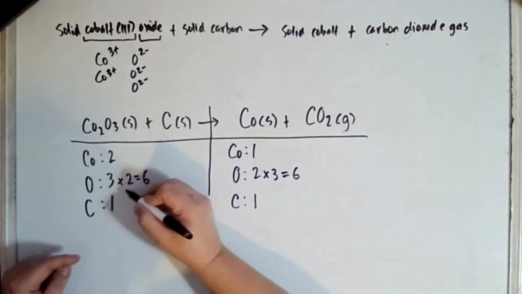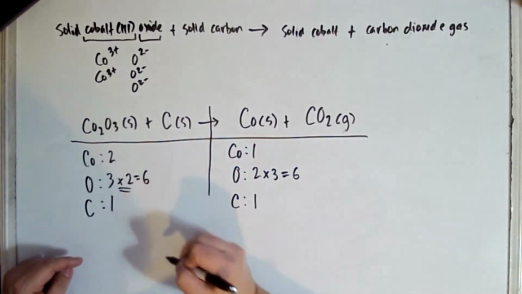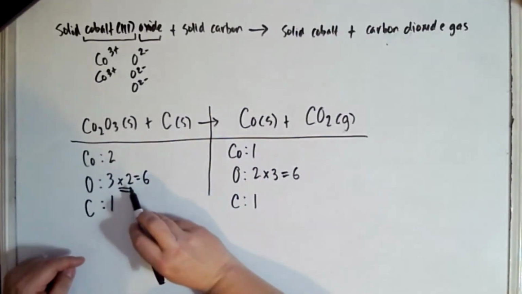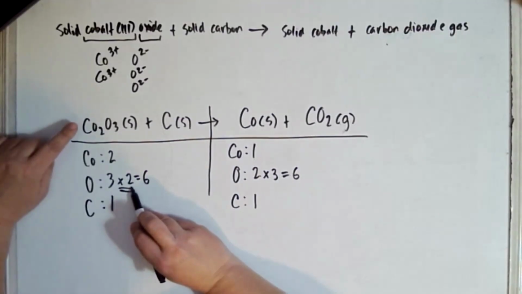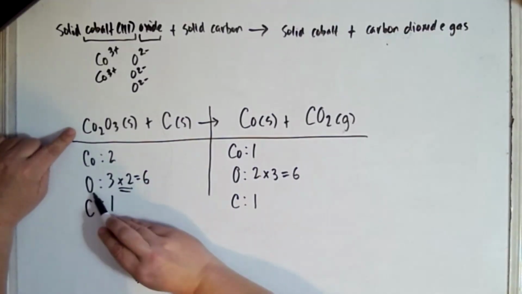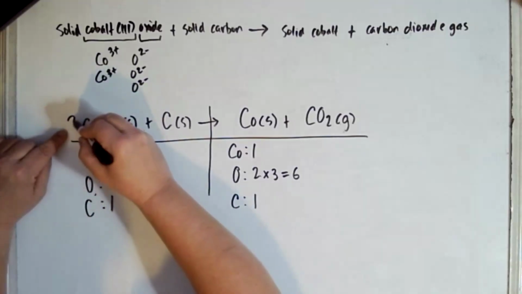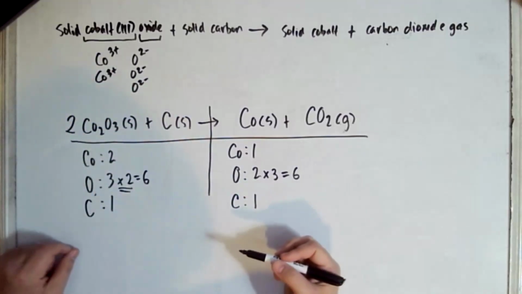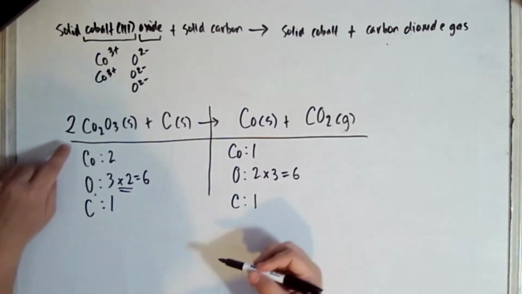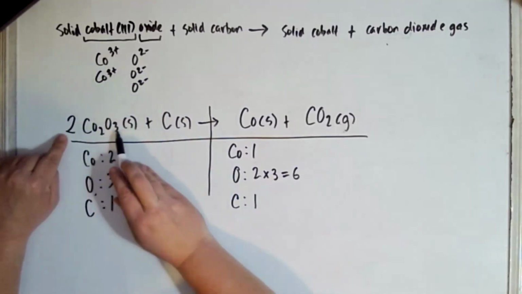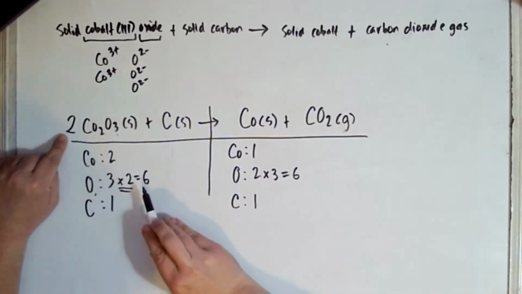This multiplier that I'm using, I'm going to take that multiplier and put it as the coefficient in front of my compound that contains the oxygen. So I'm going to put a 2 out in front of my Co2O3, because now 2 times 3 oxygens equals 6 oxygens.